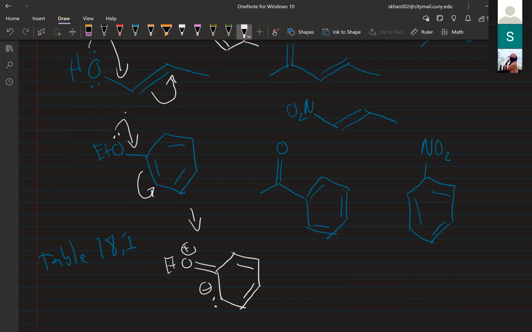Because that group can push electron density into it. What you're going to learn in chapter 18 is that this is extremely important for the real process behind electrophilic aromatic substitution. These are called activating groups because they're pushing electron density into the ring, and the ring acts as a nucleophile in all those reactions.